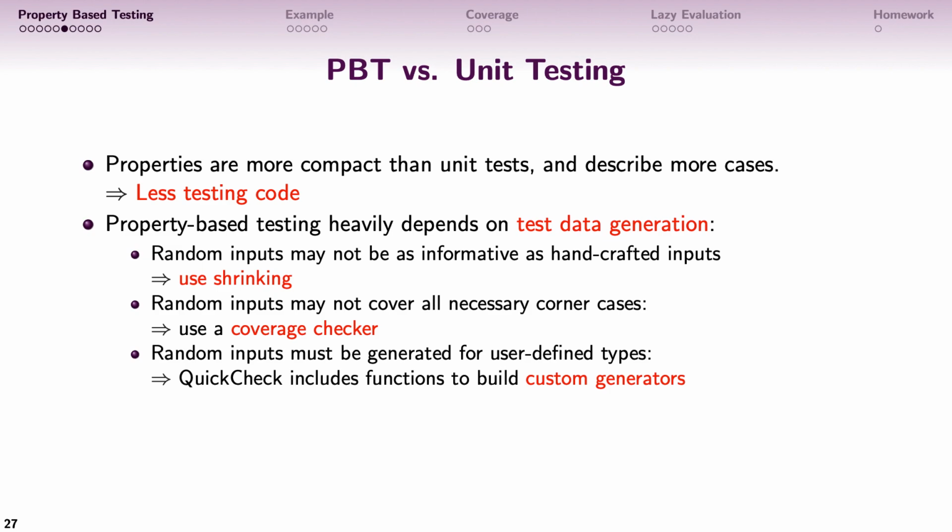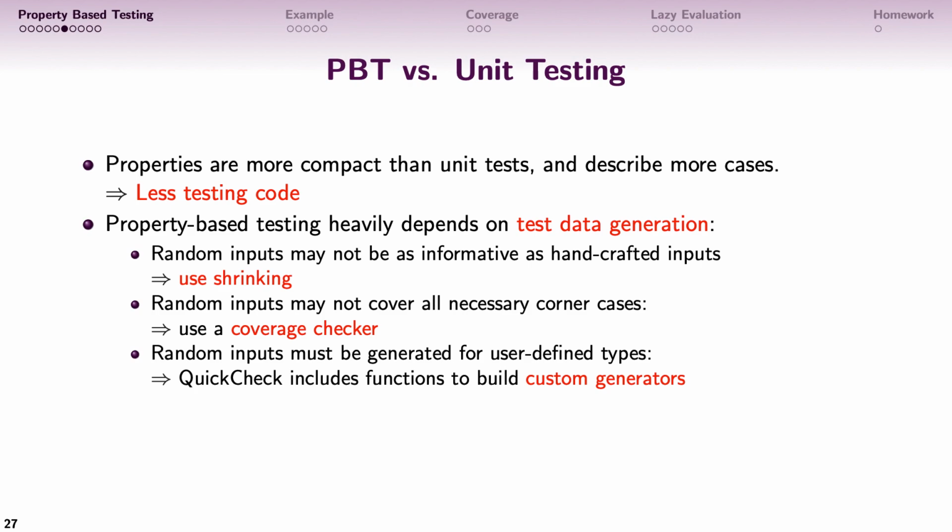But we won't go into too much detail on how that works in this lecture. That will become a bit clearer later on as we talk about some of the more advanced abstractions in Haskell. But for now, we can rely on the fact that QuickCheck already includes generators for all of the basic types that we've seen, like tuples and integers and lists and so on.